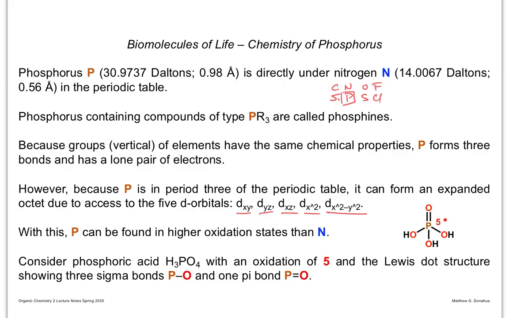And then you can look at phosphoric acid. If we want to generalize that phosphate group, we can generalize it to phosphoric acid. You can see the oxidation state is 5. So normally, that's not attainable with carbon, right? So by moving from nitrogen to phosphorus, we get geometries that you can't obtain due to the d orbitals, and then a higher oxidation state.